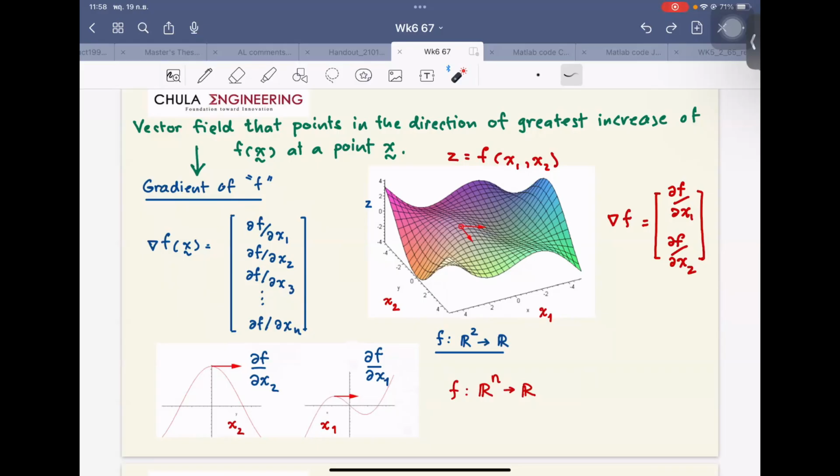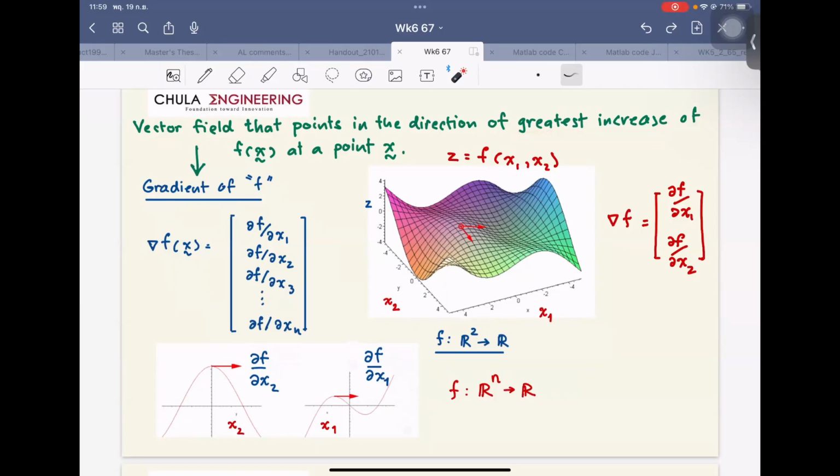And it's interesting to know that in the first method, we're gonna use the gradient as the direction for our search, for the optimization. The vector field points in the direction of greatest increase.